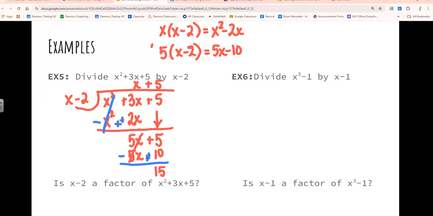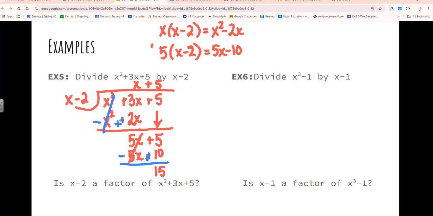Now if I try to divide again, what times x could give me 15? There's not an answer, because if I had 15, it'd be 15 times x, which would give me 15x. I don't want there to be an x with it. So this is the point where this is your remainder. Our remainder is 15, because we can't divide again, since we're out of x's. So 15 is our remainder.